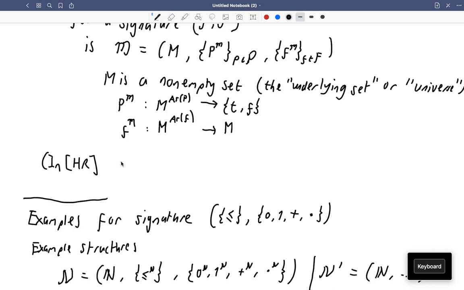I like this superscript notation, but their way of interpreting a predicate symbol in a structure M, they call it a model, as I said, would be as a subset of tuples from the underlying set of the appropriate arity. But this is equivalent. It's a slightly different way of formulating it, but it's equivalent to what we have above.